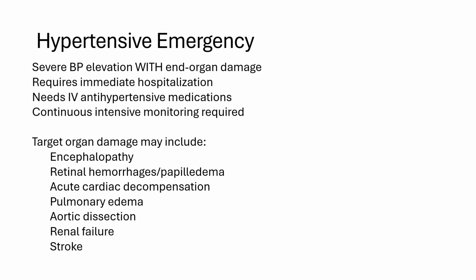Takes a little bit of time with all of these meds to bring it down, and we don't want to go too fast. Blood pressure and blood sugars must be taken down very slowly. But these are some of the symptoms that you might see if your patient comes in with a hypertensive emergency.